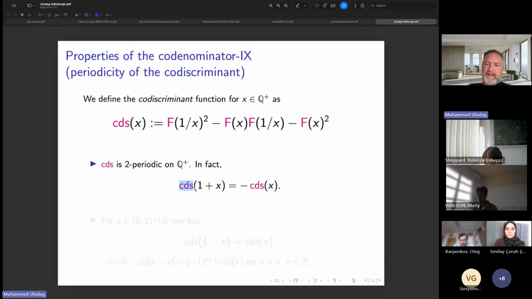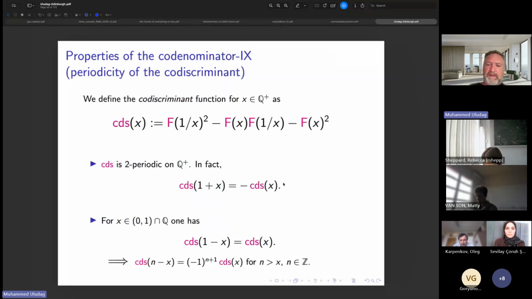In fact, the codiscriminant of 1 plus x equals minus the codiscriminant of x. And if x is in the interval 0, 1, the codiscriminant of 1 minus x equals the codiscriminant of x also.